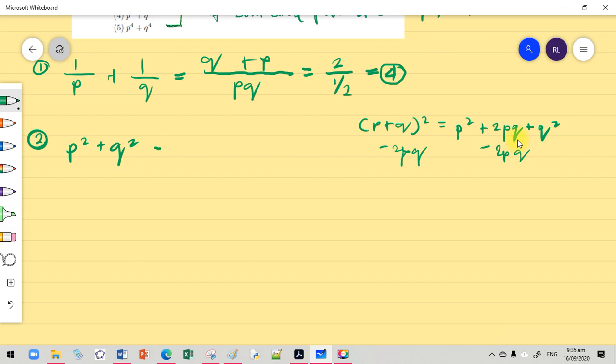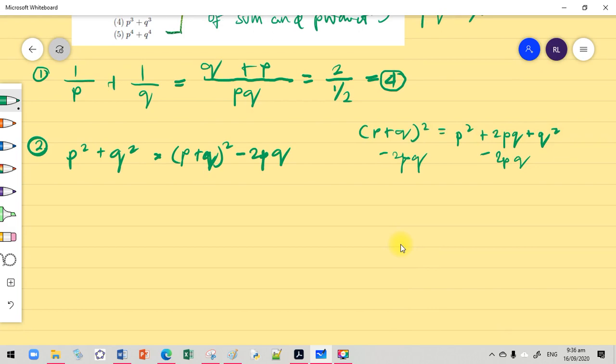Therefore, P squared plus Q squared is just the expansion of P plus Q squared, but since there is a middle term of 2PQ, you need to subtract 2PQ. This one is actually the sum, and this 2PQ involves the product. So we'll just substitute again.